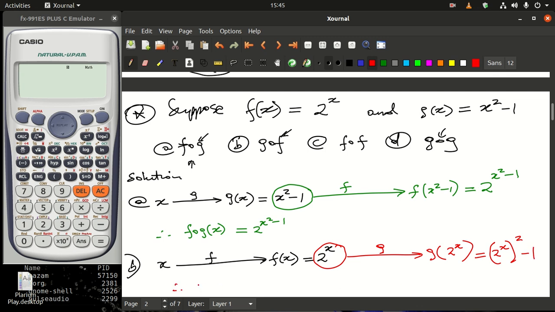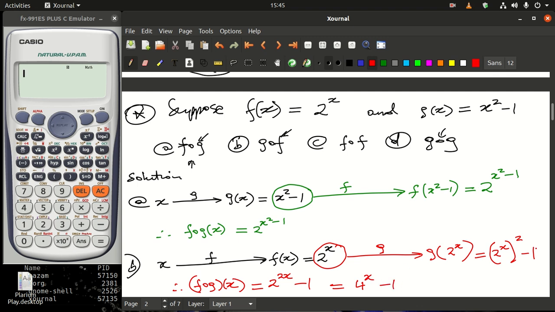Therefore, the composite of f and g of x, when a power of a power, is just the same as 2 to the power 2x minus 1. If you want to simplify, you can go further and say that this is the same as 4 to the power x minus 1.